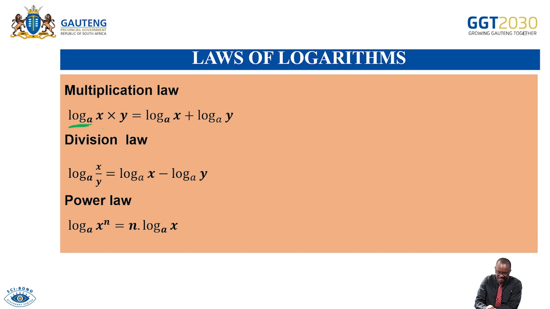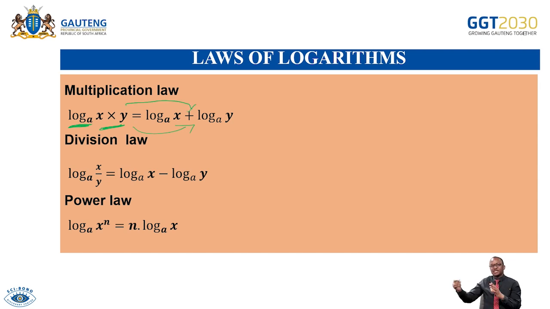When you multiply them, you can expand these logarithms and write it as log base A of x plus log base A of y. And then we can also work it vice versa.